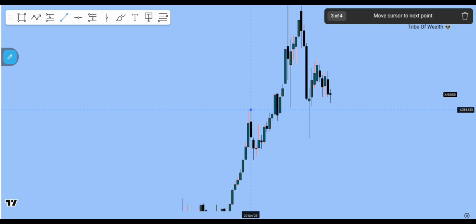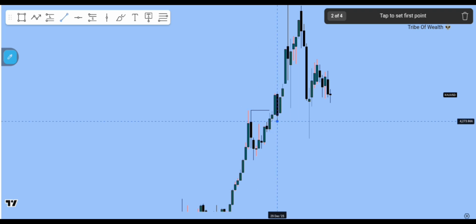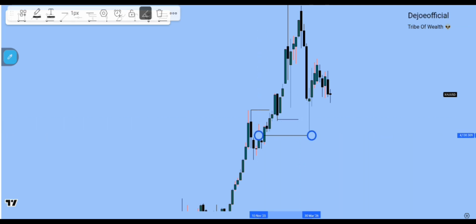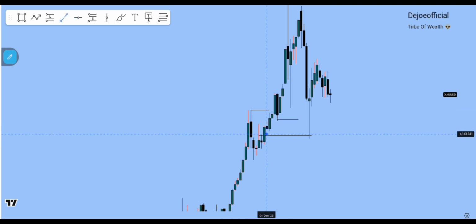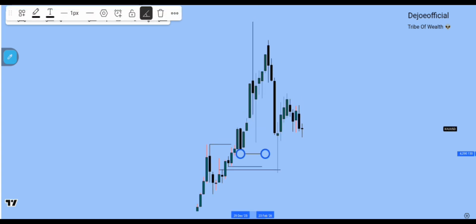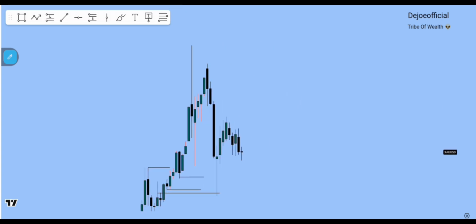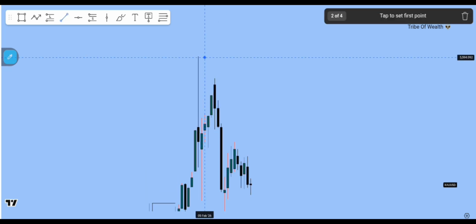Under this particular last break is my liquidity, and then price is actually reacting from this order block, using this small pullback as the inducement before the actual break. So as you can see, once price tapped into this zone, it started moving up, targeting this particular high on the weekly time frame.